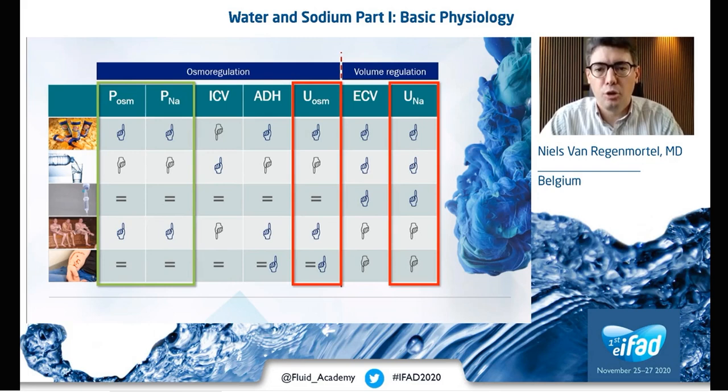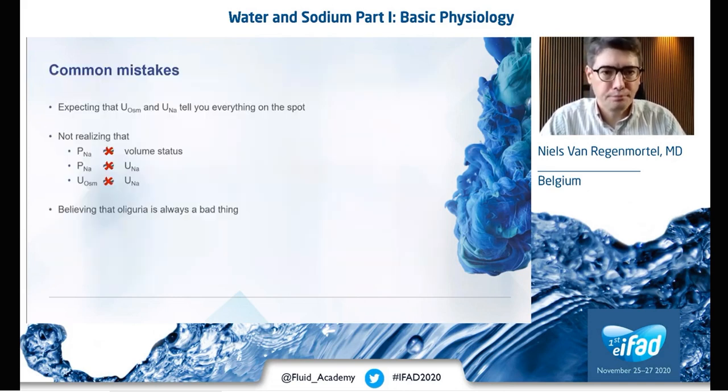ADH causes urinary osmolality to increase, aldosterone causes urinary sodium to decrease, and these hormones sometimes work together and sometimes do the opposite thing. So that's important, and I explained to you how that is possible by the increase of urinary potassium and the increase of urinary ammonium by the action of aldosterone.